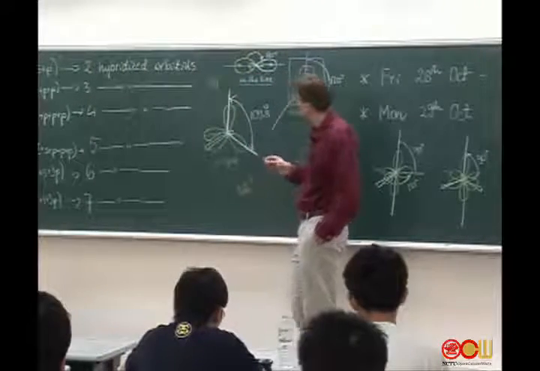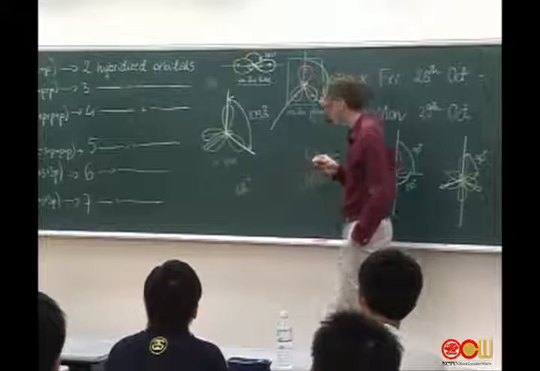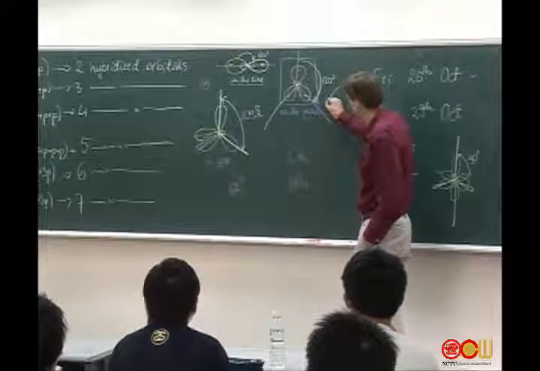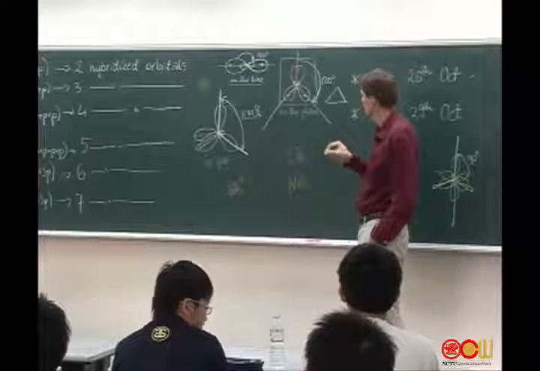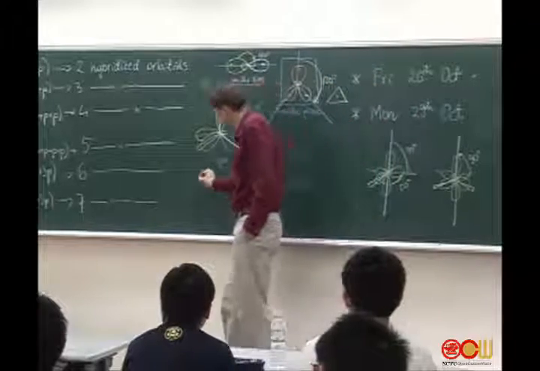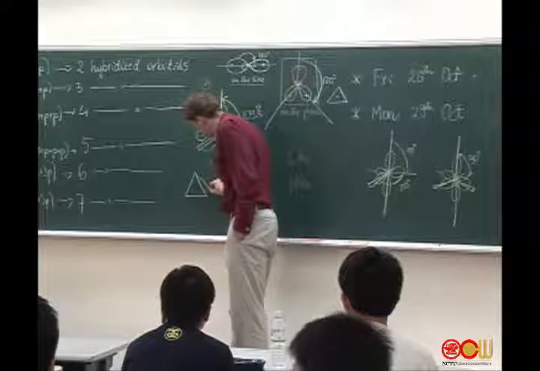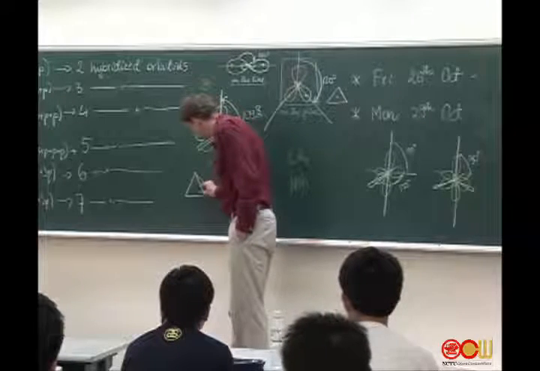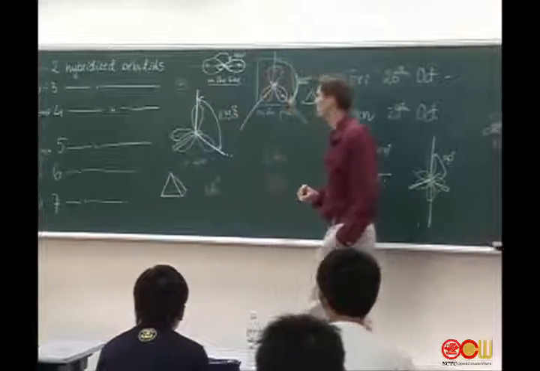Why? This is another important thing, to plot the shape of the molecule. In this case, the shape of the molecule will look like that, with the central atom inside. In this case, it will look something like that, with the central atom inside.